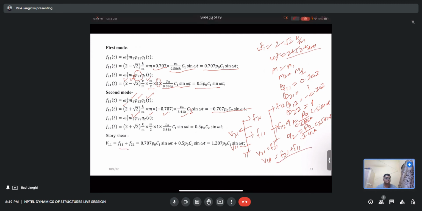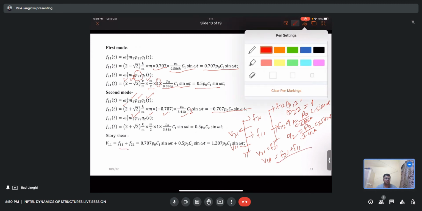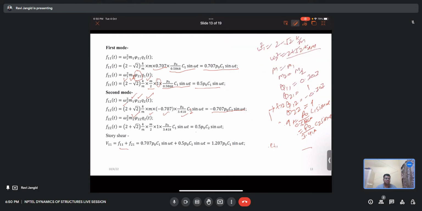If I add these, that becomes 1.207 p naught c1 sin omega t, and v21 is f21, 0.5 p naught c1 sin omega t. This is for the first mode.